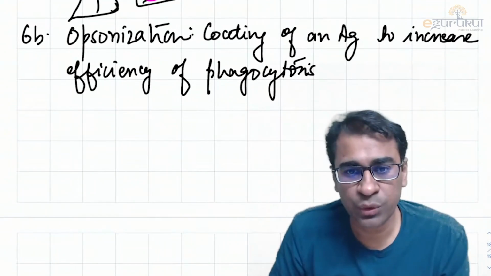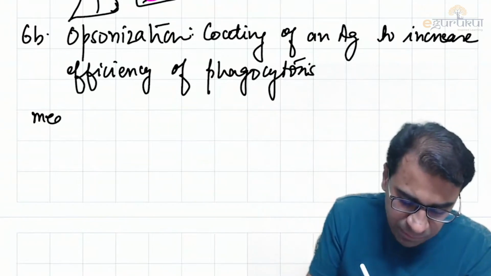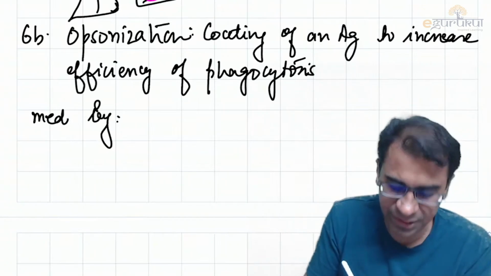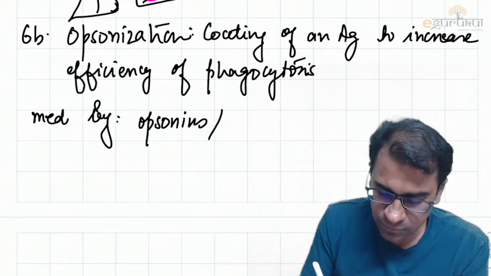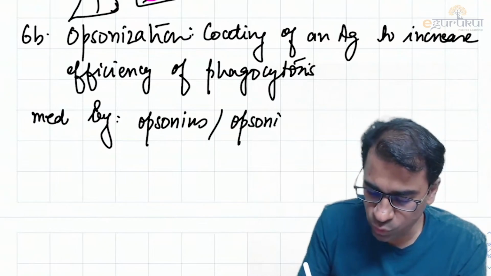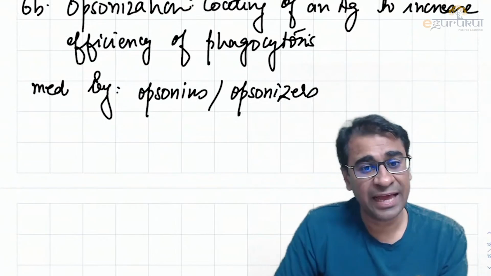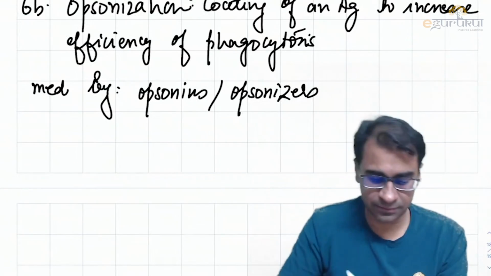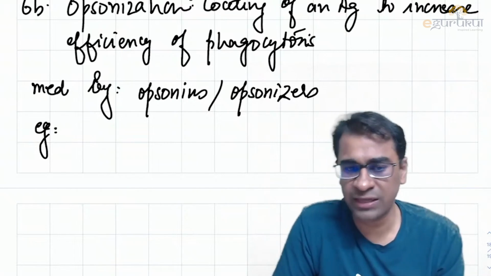Coating of an antigen to increase efficiency of phagocytosis. This whole thing is mediated by opsonins or opsonizers. Opsonins and opsonizers. What are the examples of such opsonin and opsonizers?